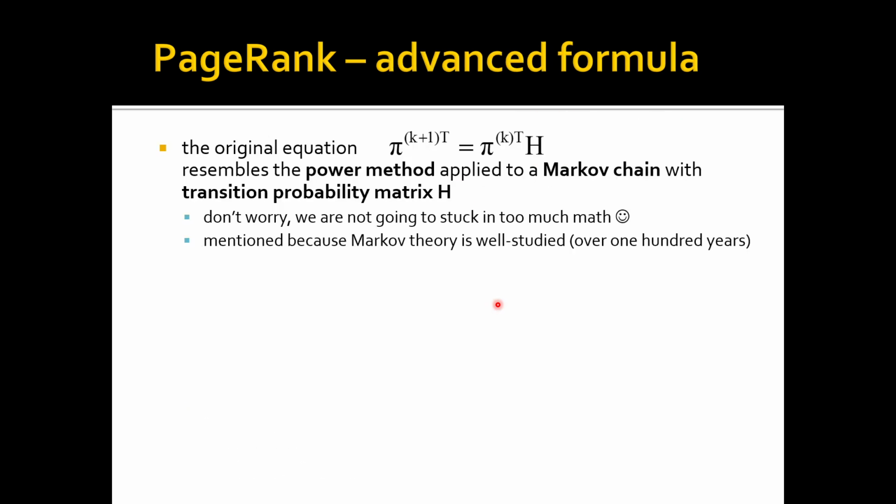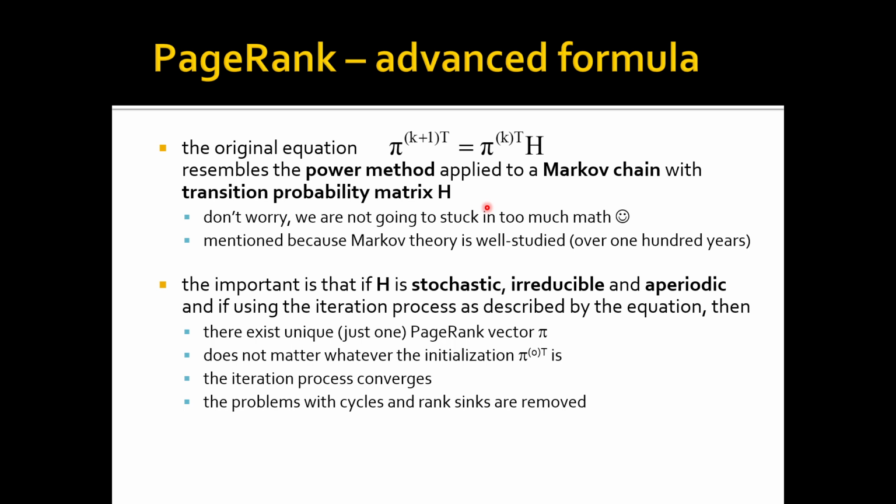So we can just pretend this is a power method of Markov chain, and we basically need to secure properties for the matrix H to be compatible with the power method. And that means we need to use the matrix H to create some other matrix that will be stochastic, irreducible, and aperiodic.